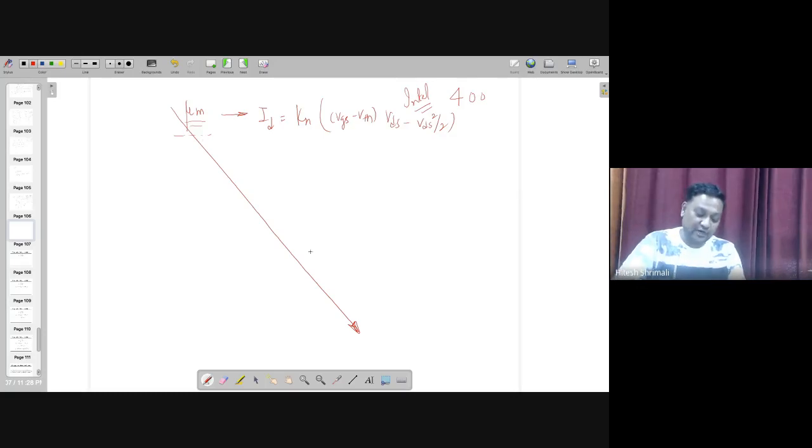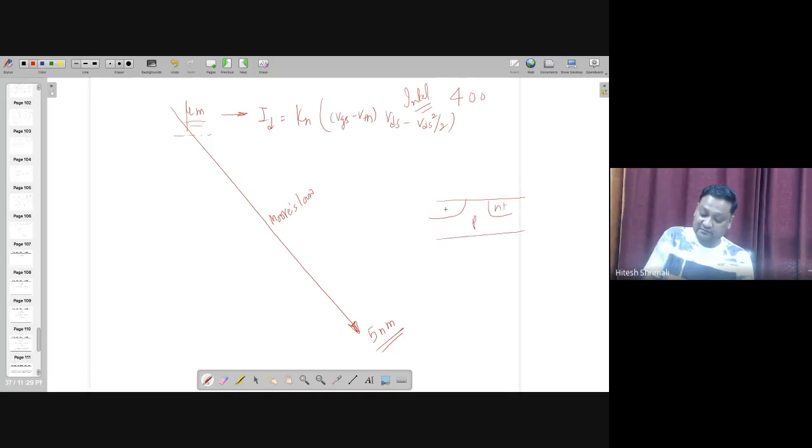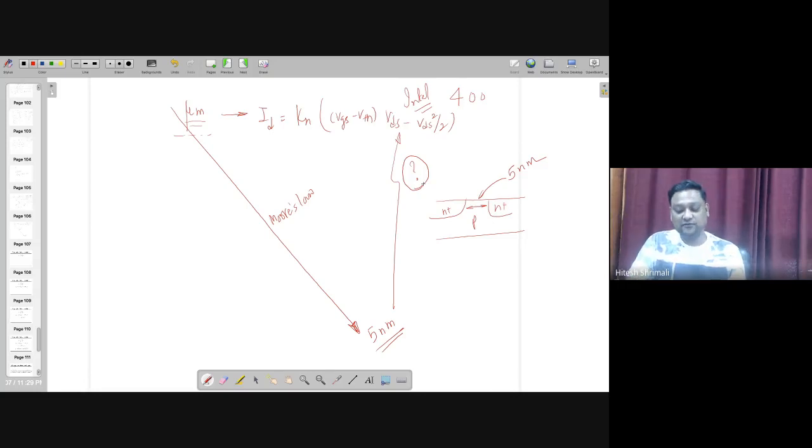But as you go down with Moore's law, right now we are as near as 5 nanometer, or we are working in the 5 nanometer technology node. Just imagine that what I have drawn here is actually a 5 nanometer channel length. So will this equation work? It won't work. If you are using it directly, it won't work.